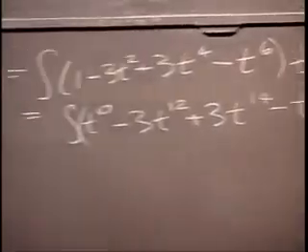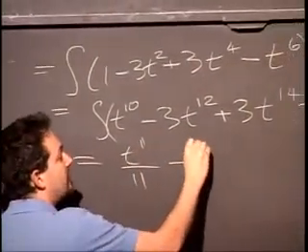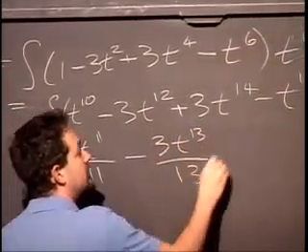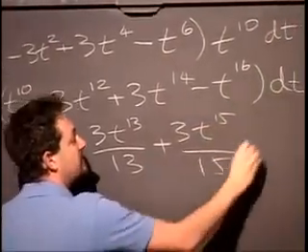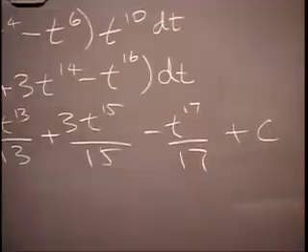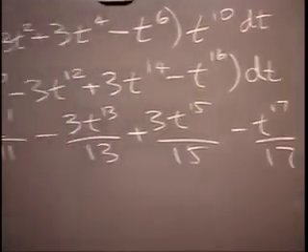It's just a polynomial. And you can integrate. You get t to the 11 over 11 minus 3t to the 13 over 13 plus 3t to the 15 over 15 minus t to the 17 over 17 plus c. And all that's left is to replace the t by sine x again.